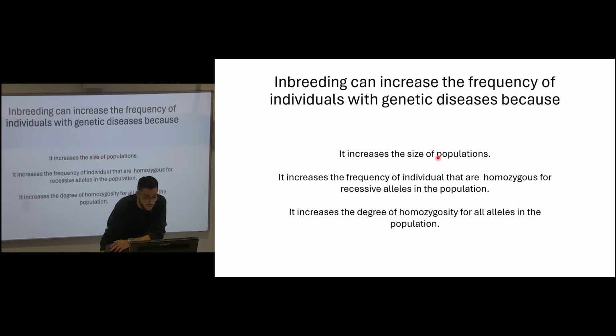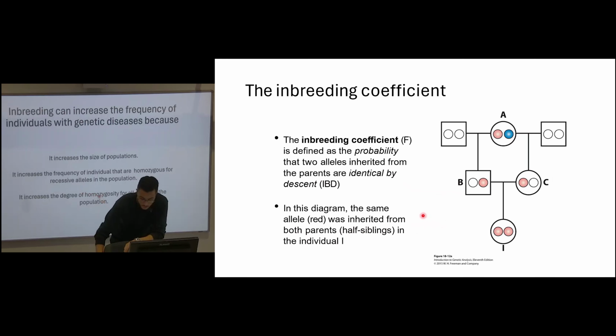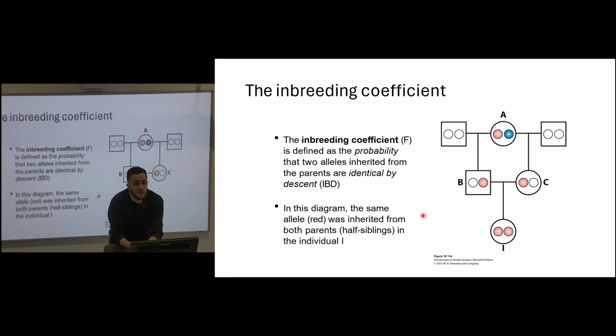That's the first thing. It will increase the frequency of individuals that are homozygous recessive. And if you remember correctly, most diseases are caused by recessive alleles in the homozygous state. And it also increases the homozygosity for all alleles in the population. Okay, and this is a big problem, and we'll see how to calculate that.